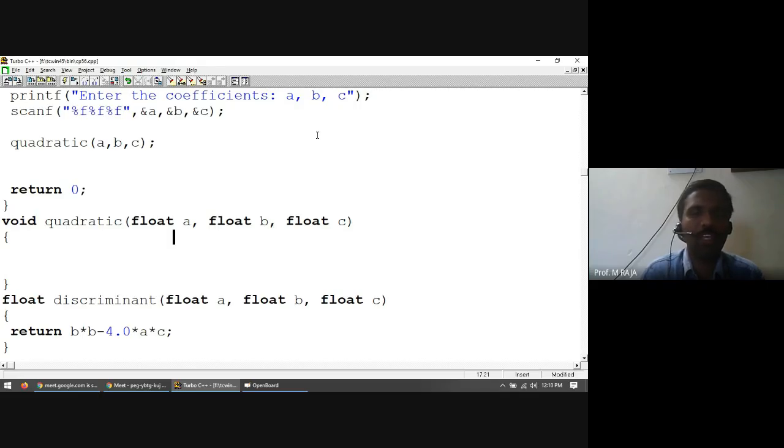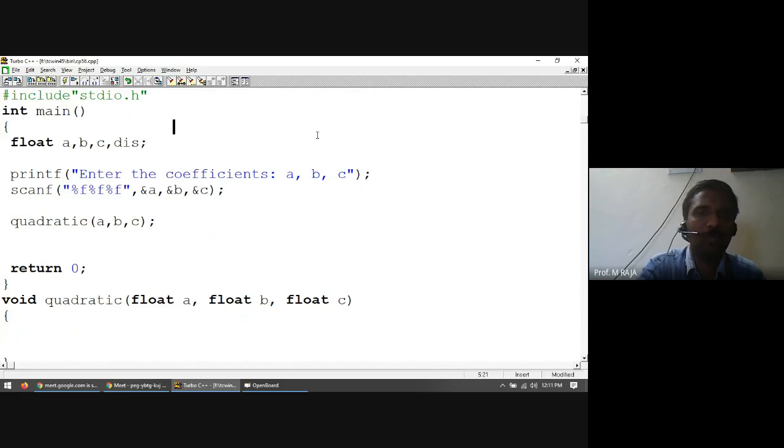So you can have a separate function to find the discriminant. Otherwise, you can keep the computation in the same function definition, say quadratic.